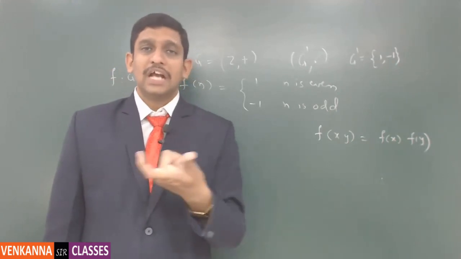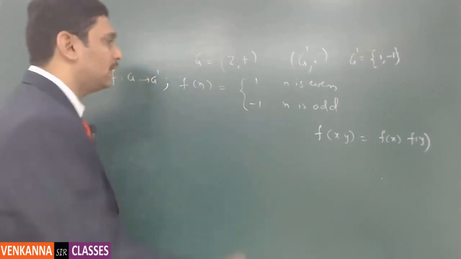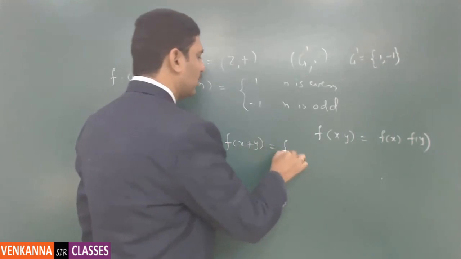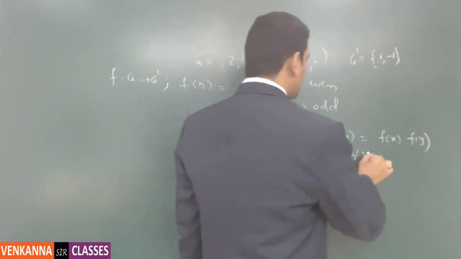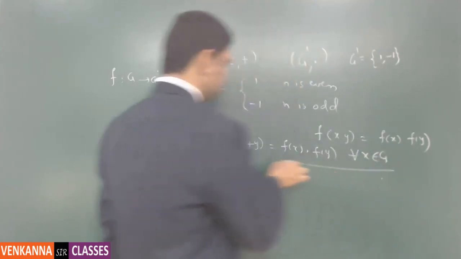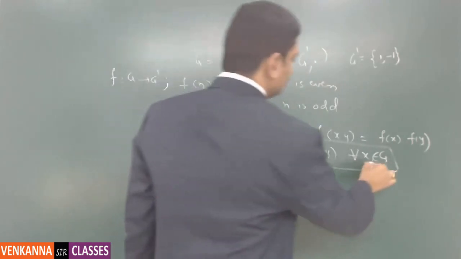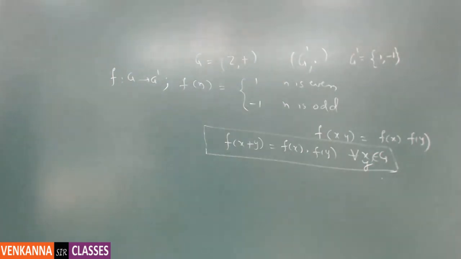So the actual homomorphism condition for this problem is f(x + y) = f(x) · f(y) for all x belonging to G. Whenever you take two elements in the group, we have to verify this condition here.